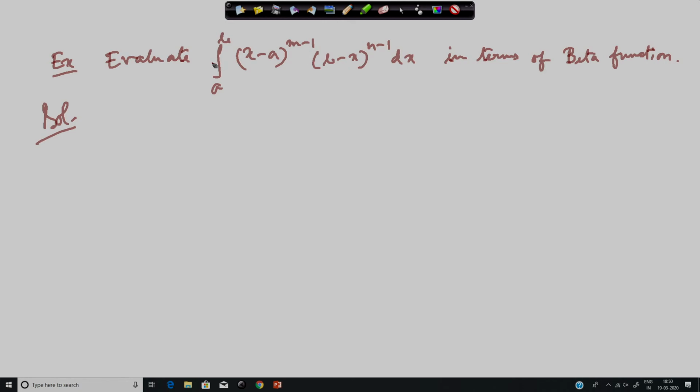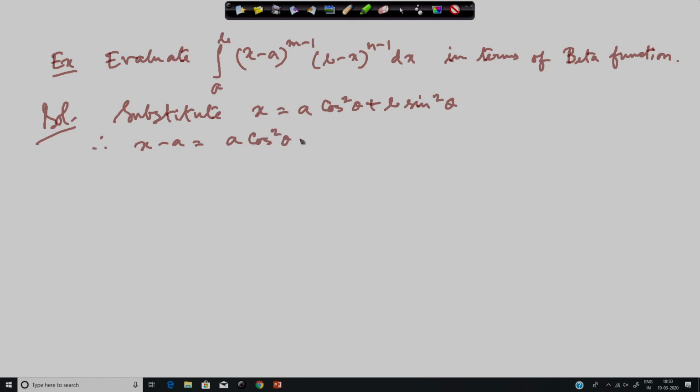such examples you should substitute x equal to a cos square theta plus b sin square theta. So, x minus a is a cos square theta minus a plus b sin square theta.